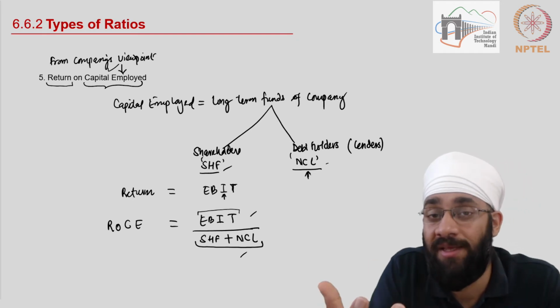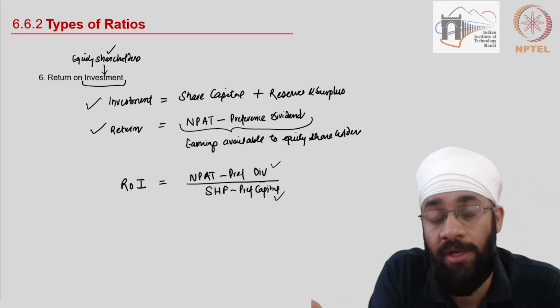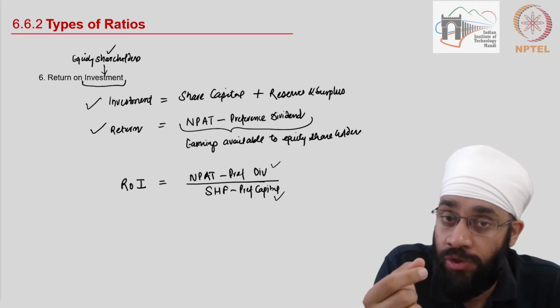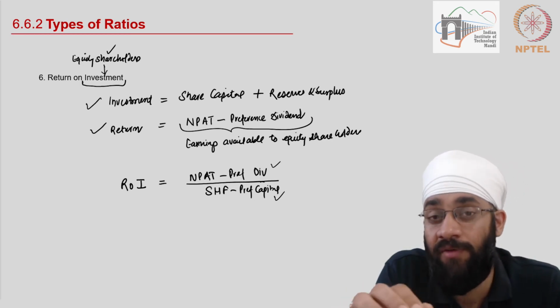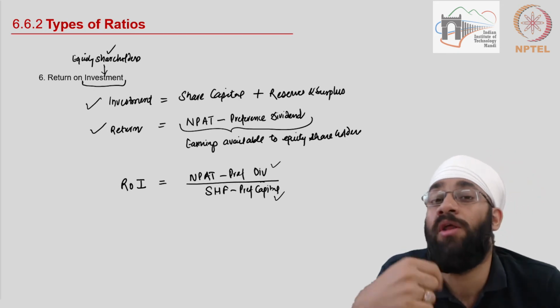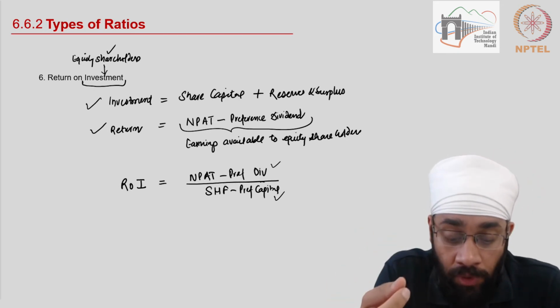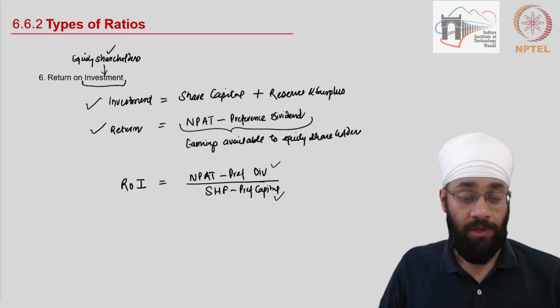The contents, the ingredients of these indicators is what is more important. So whenever you are interpreting these, do not go by the standard definition because it may be different for different sources that you are referring to. Look at the definition and accordingly come to conclusions about the meanings of these ratios.